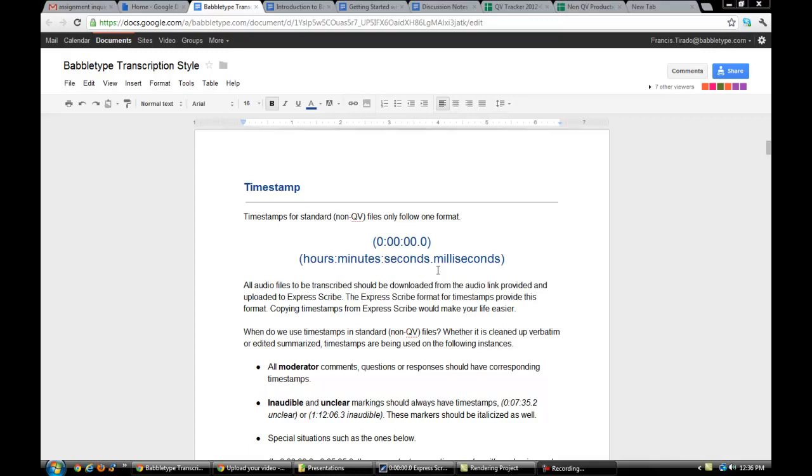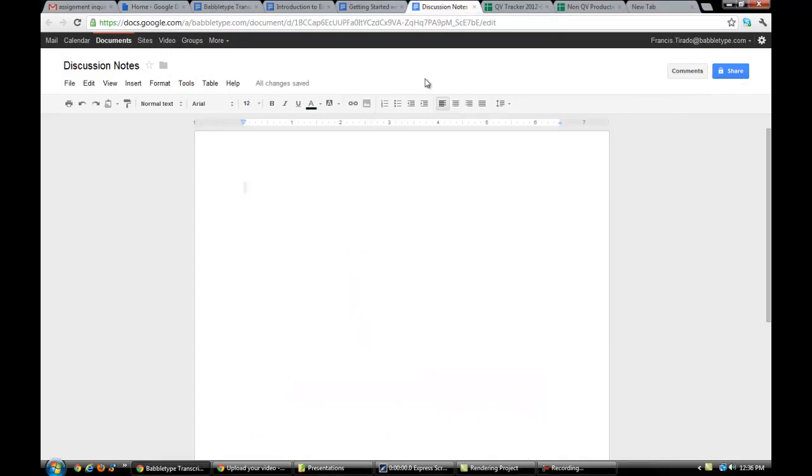For QV files, the format is of course different. If you recall, let's open some discussion notes here. For the non-QV file format, it should be this one.